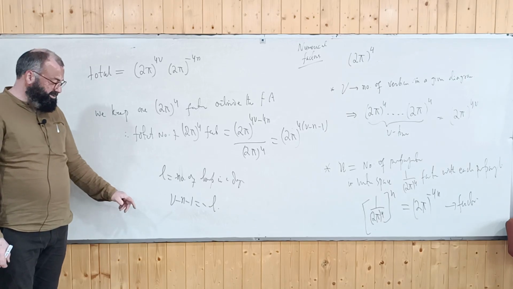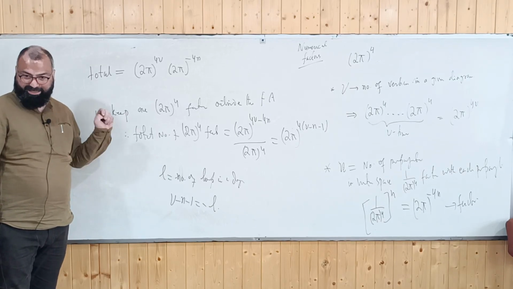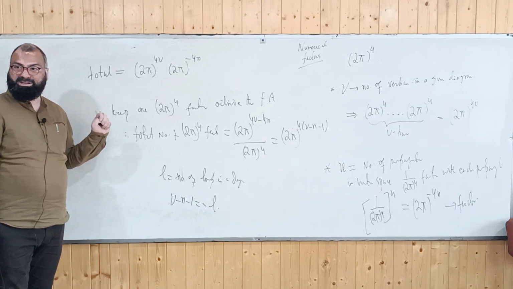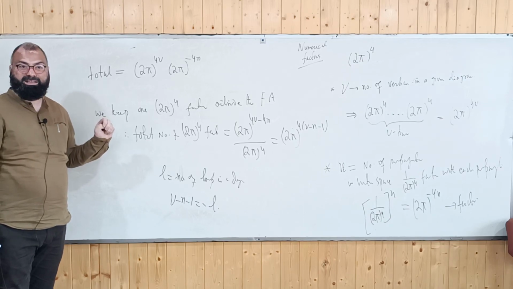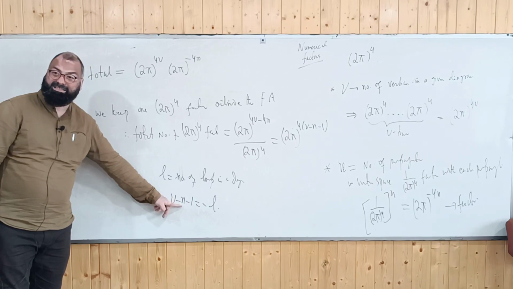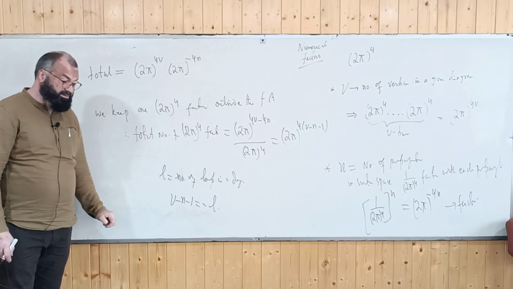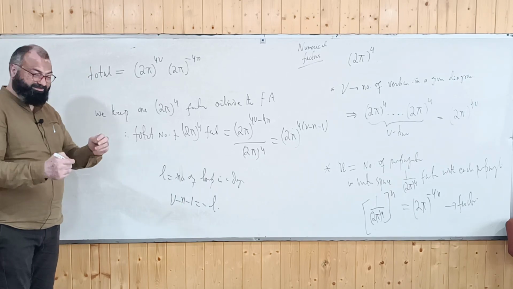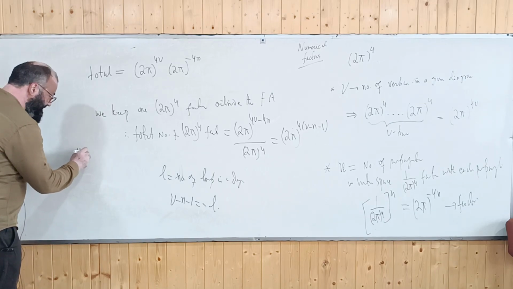Let's take the number of vertices to be 1. If you have one vertex, how many propagators are there? 0.